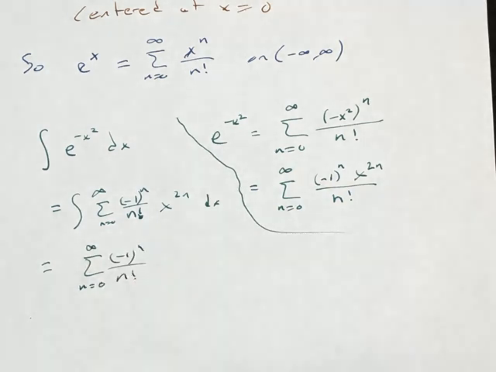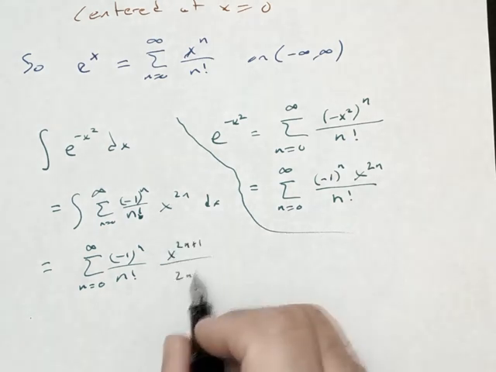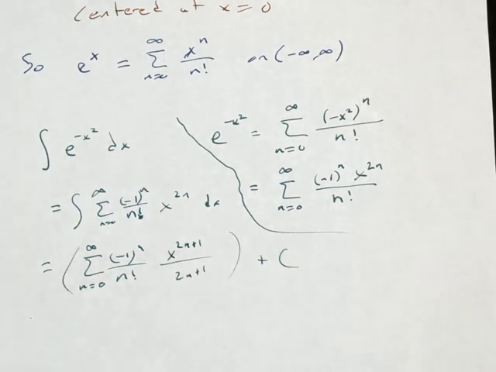What's the antiderivative of x to the 2n? That's it. And that's the only version of the antiderivative that I know.